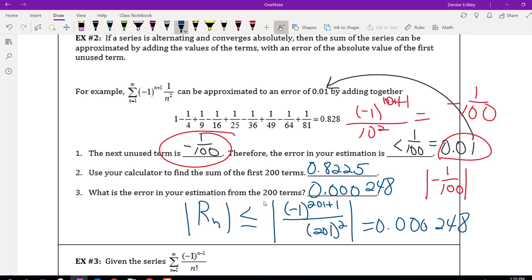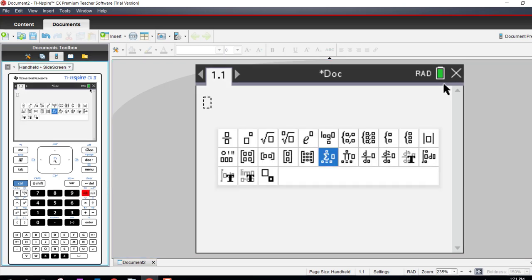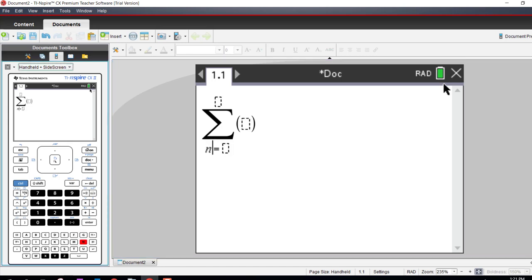All right, just real quick now, to show the sum on the Inspire, what you're going to do is go to your symbol palette, and I already have it highlighted there. You're going to use the summation. It's already set up for you. And now here you can use n directly because you have the variable. So n from 1 to 200.